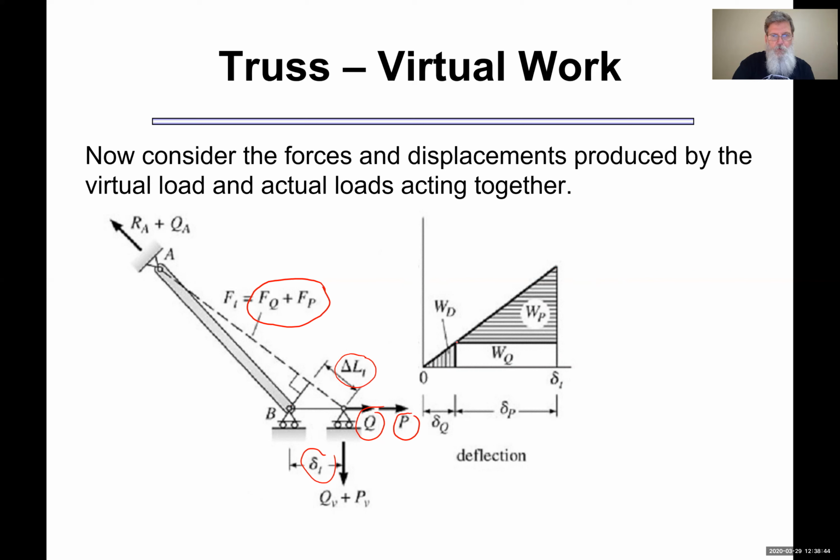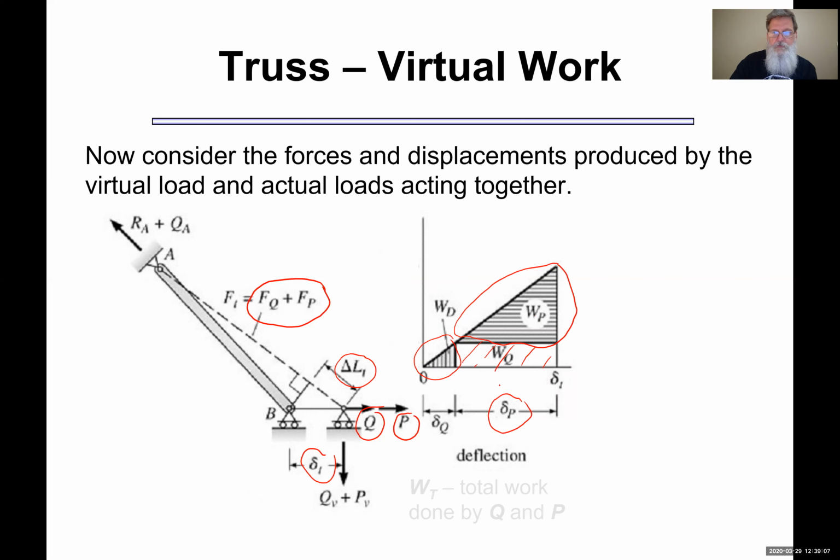This is the real work added to it done by the real system. So you stack those on top of each other, and now you get this area below here, which is the work done by the virtual system going through a real displacement.